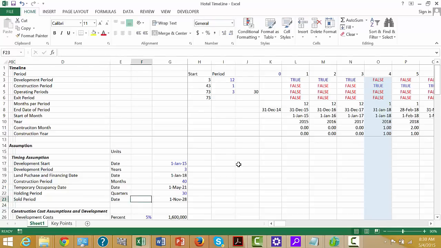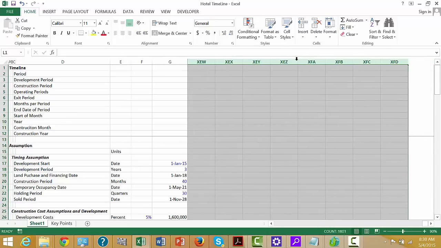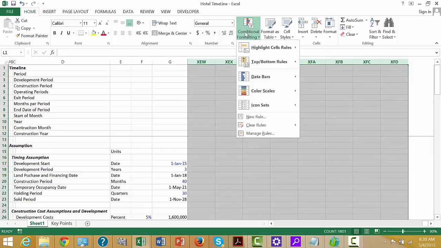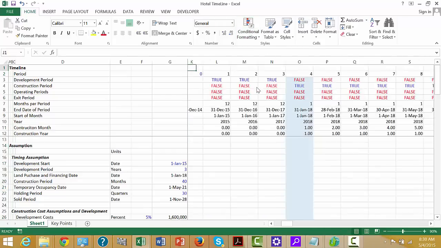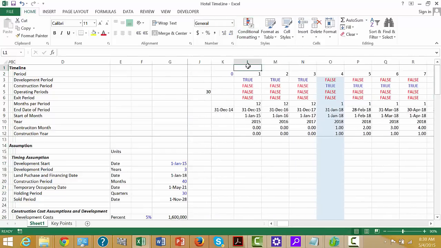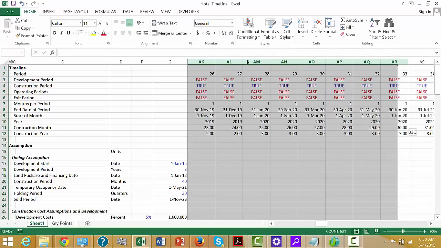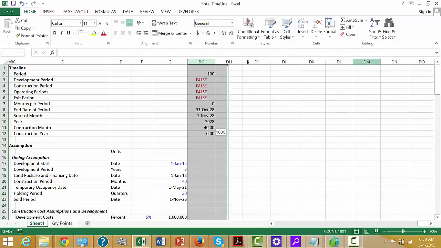Okay, and let's just practice this again. Shift Control right arrow, and we go to conditional formatting.